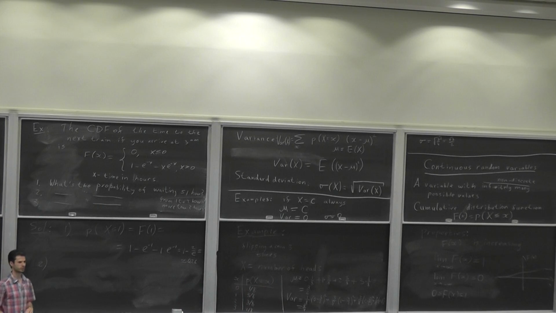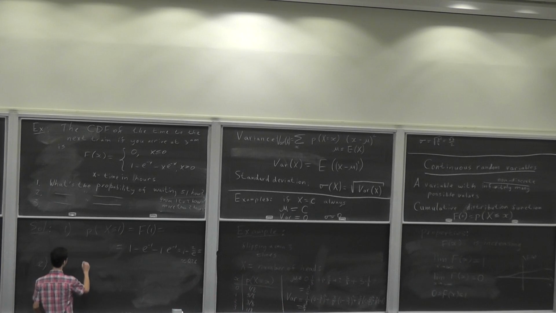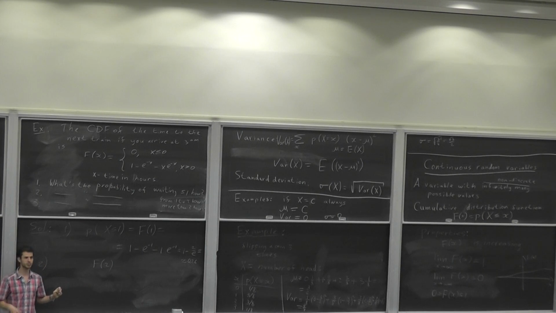Okay, second question. What's the probability of waiting anywhere between 1 hour and 2 hours? How can I find this probability using my cumulative distribution function? Okay, so if I plug in 2, I'm going to get the probability that I wait at most 2 hours.